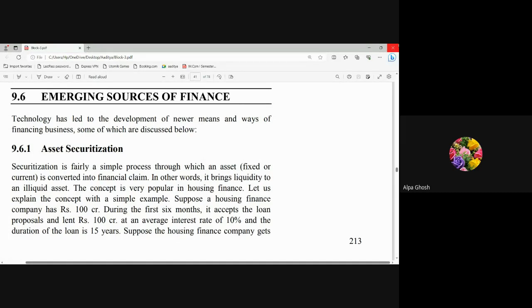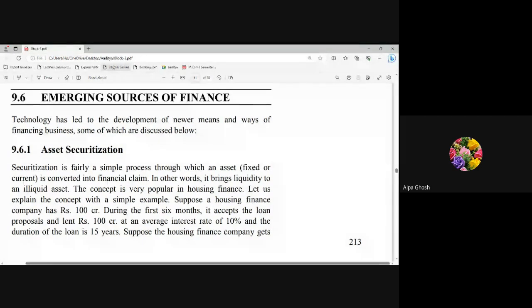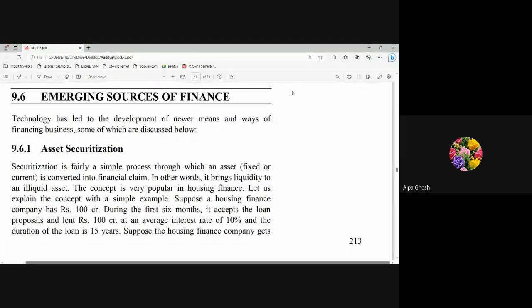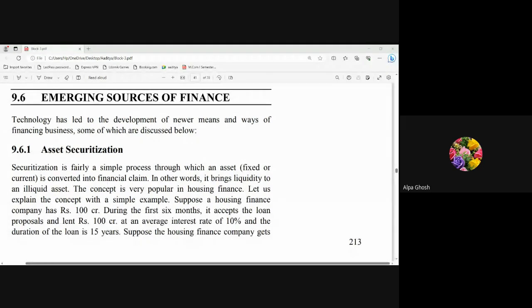Example, we all know we have houses, properties, fixed assets. So these fixed assets, when we need money, we keep with financial institutions or with others as a mortgage, and against that they pay us money. So the physical asset, the illiquid asset, becomes liquid.